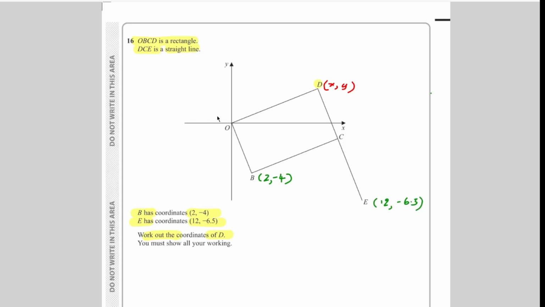Here this is origin. Therefore, we know that coordinates of the origin is 0, 0. And one more thing, this is a rectangle. Therefore, this is 90 degrees. This is 90 degrees, right? And this line is parallel to this line. And this side is parallel to this side. They are opposite sides, equal and parallel.